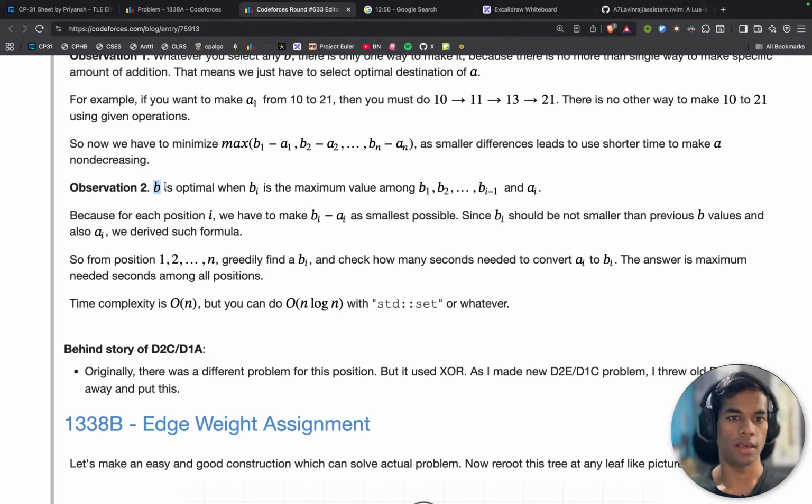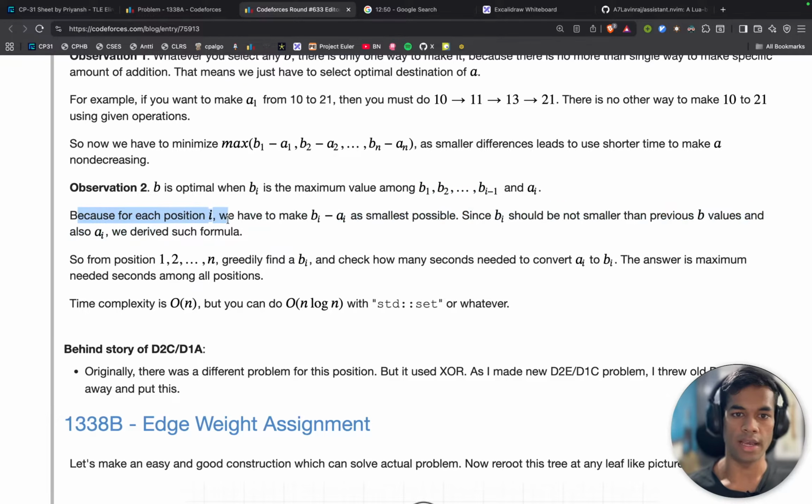Yes, B is optimal when BI is the maximum value among all the BIs from 1 to I minus 1 and AI, the current value in A. Either it is equal to AI, the current ith value in the original vector, or the maximum of all the B values that have been seen till this point from the start.